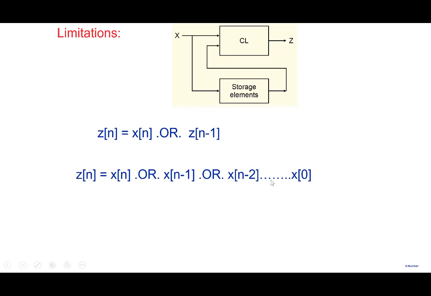And then we require an infinite memory. If we have a real-time system and all the past values of X have to be stored, then you require a huge, almost infinite memory. And that's a limitation of this particular approach, where we are saying that we will have X and we will store only the past values of X, and Z depends on X and past values of X.